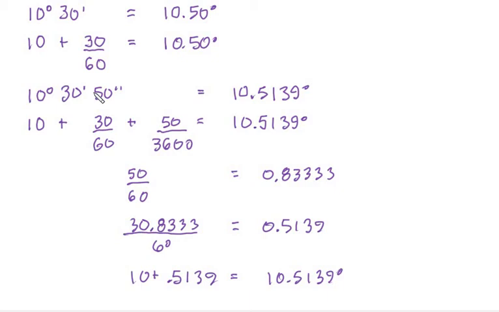Now let's look at going the other way, from decimal degrees to degrees, minutes, seconds. So let's start with what we had before, which was our 10 degrees, 0.5139. Okay, so from before, what we know is that's equal to 10 degrees, 30 minutes, and 50 seconds.